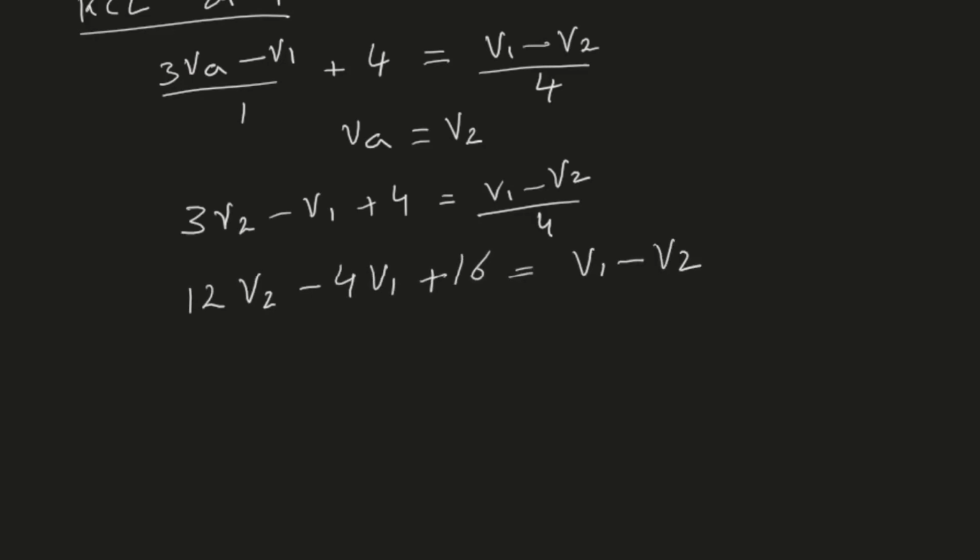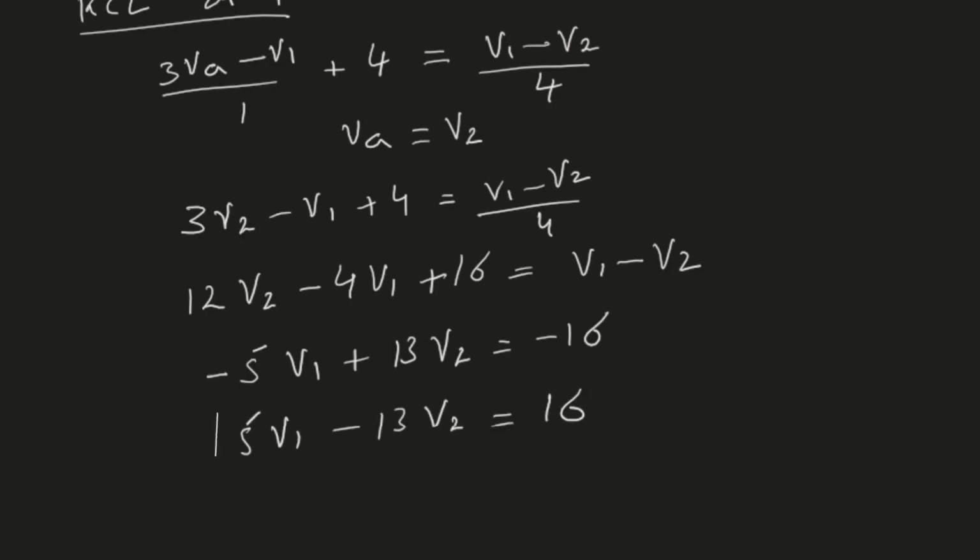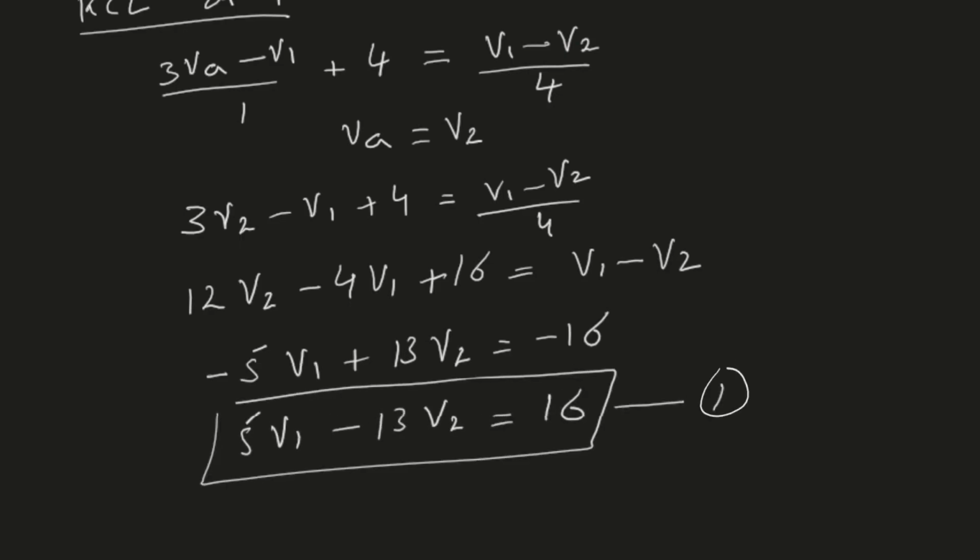So this means I have negative 5V1 plus 13V2 equals negative 16. Or we can say 5V1 minus 13V2 equals 16. This is our first equation.